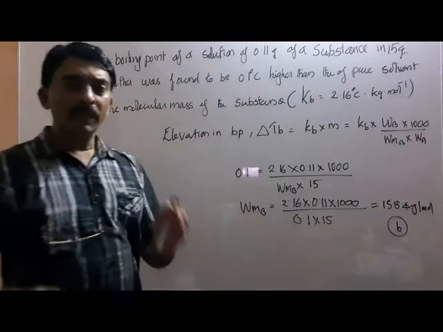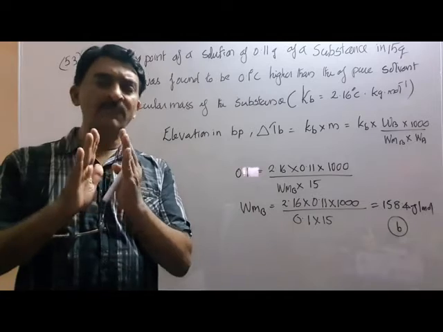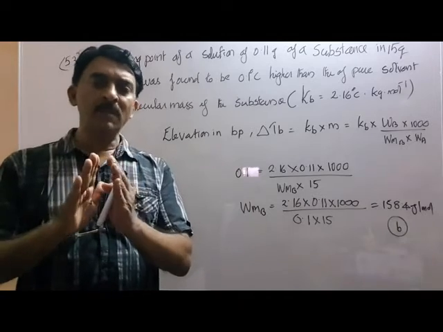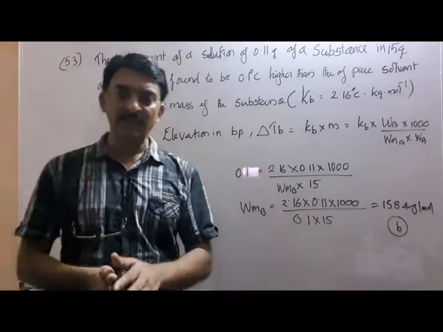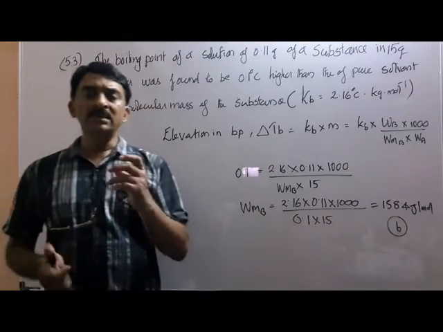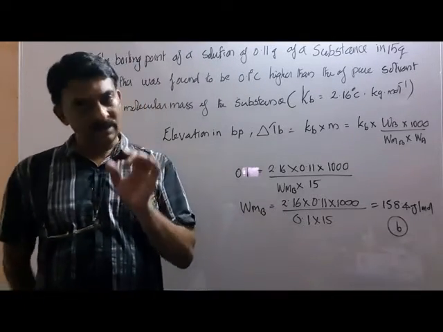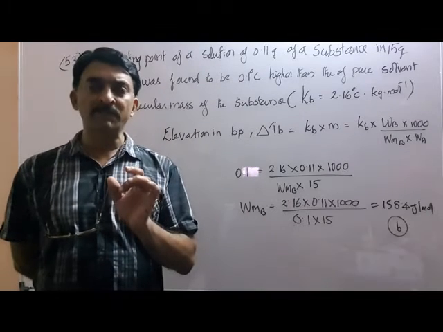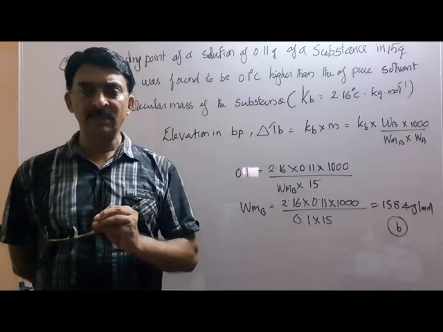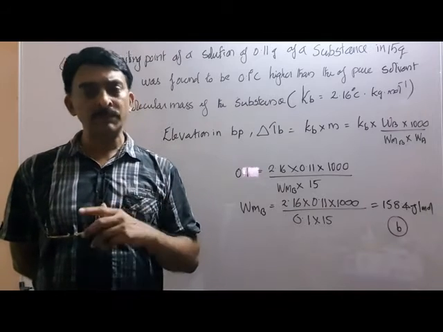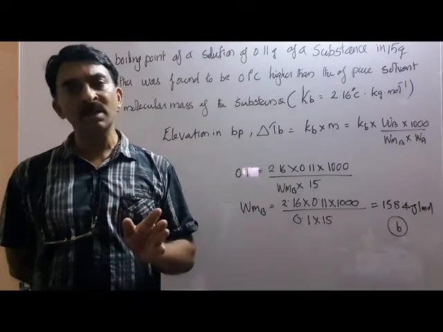Why? The difference in value is the same whether it is in Kelvin or degree Celsius. What do I mean? Suppose the temperature increases by 20 degrees Celsius. What is the increase if you express the same in Kelvin? 20 Kelvin.